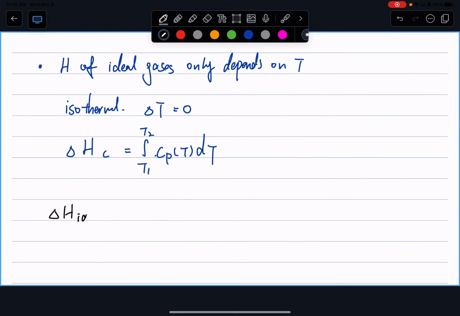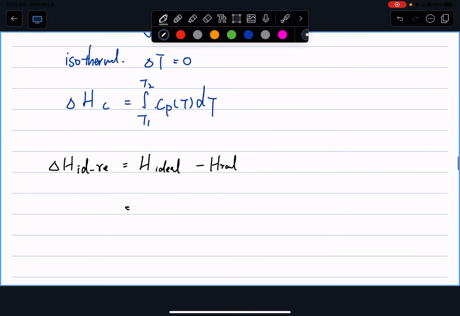So your final state is ideal minus real. That equals H ideal minus H real, and that gives you the integral from P naught to 0 of negative TV alpha plus V dP at constant T.